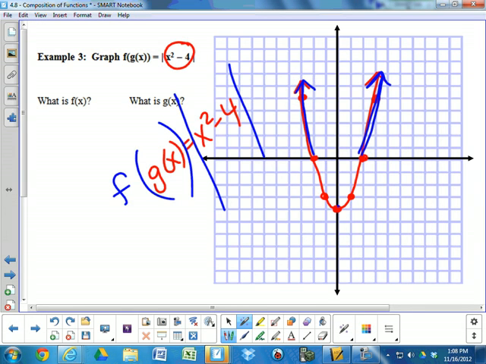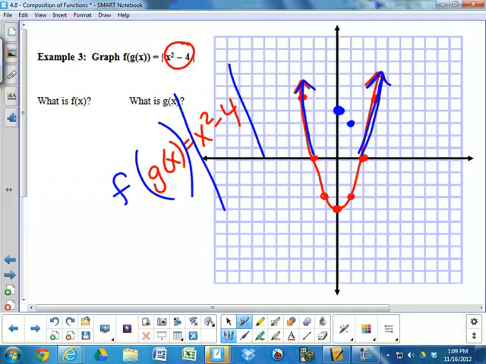This point, for example, was at 0, -4. The absolute value forces it to 0, +4. This point over here was at 1, -3. The absolute value is going to flip it up to 1, +3.